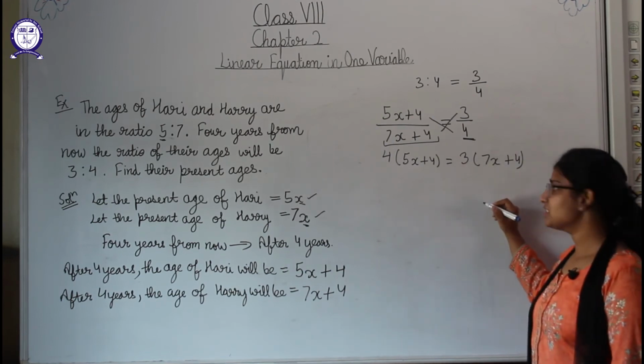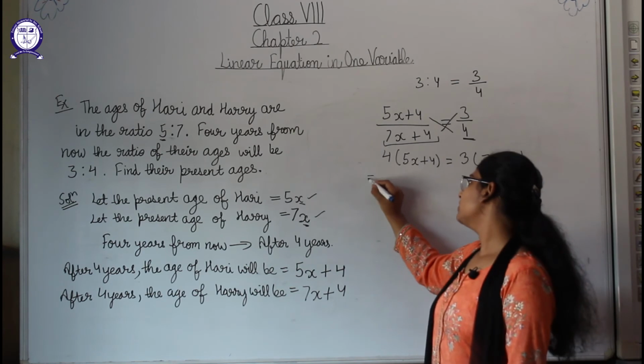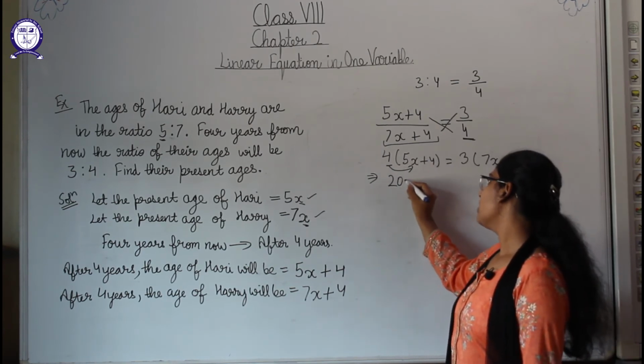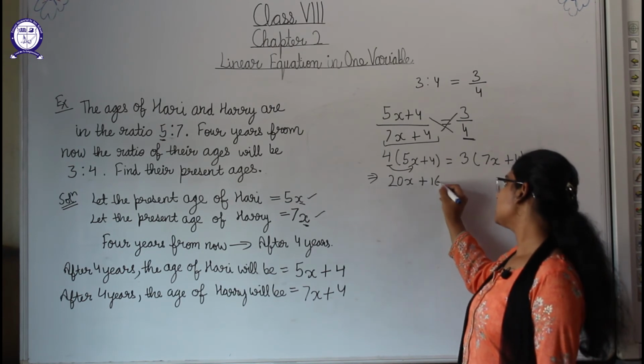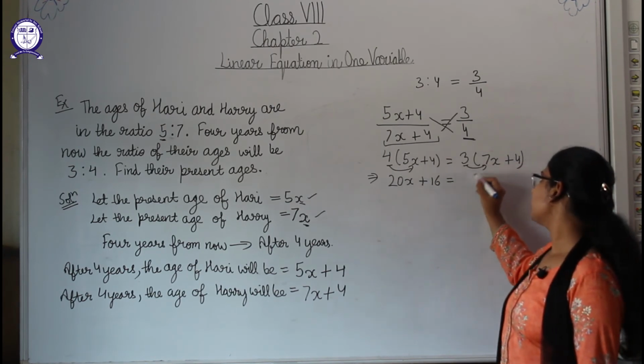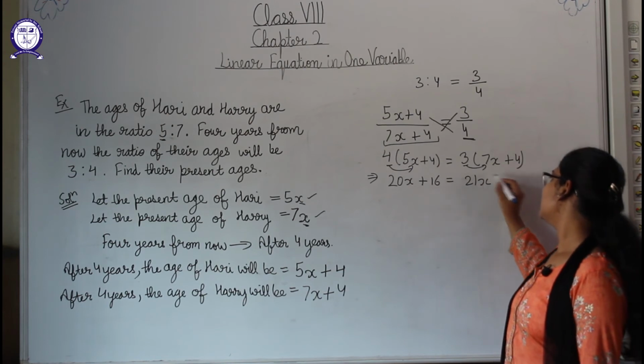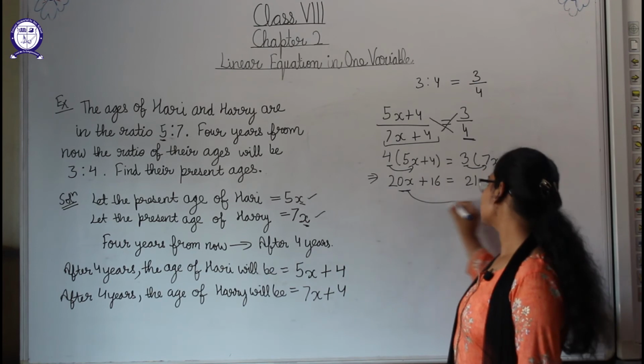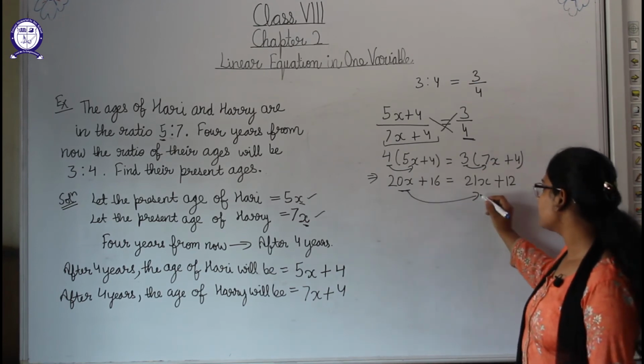Now we will solve the brackets. 4 into 5x will be 20x, 4 into 4 will be 16. Now 3 into 7x will be 21x and 3 fours will be 12. Now we will take the x term to this side; it is positive so it will become negative.